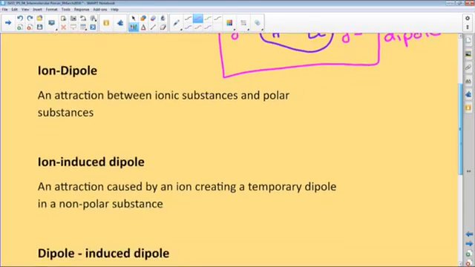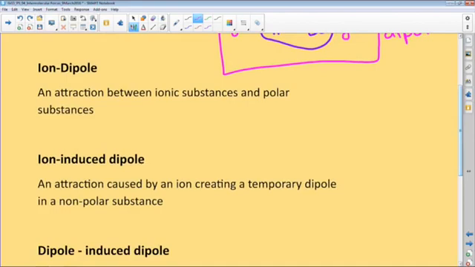The second one is an ion dipole. This is an attraction between ionic substances and polar substances. This one is fairly straightforward: ionic substances and polar substances. A really nice example here is if you dissolve salt in water.